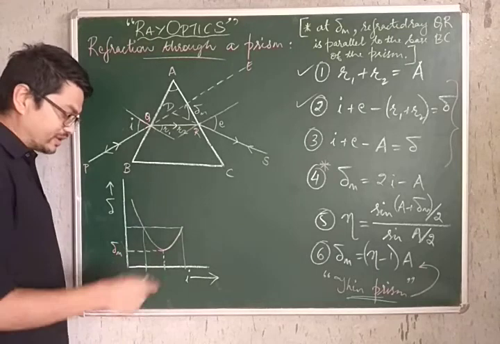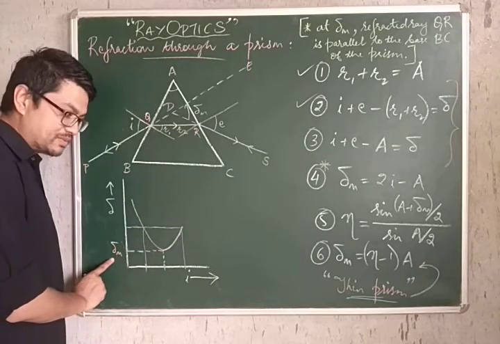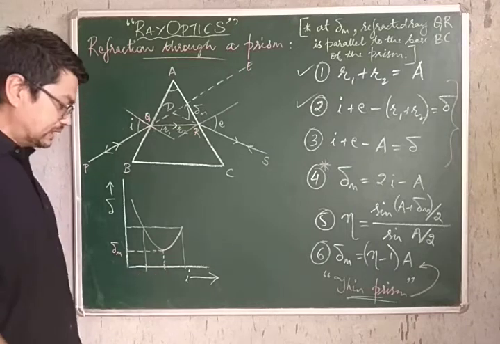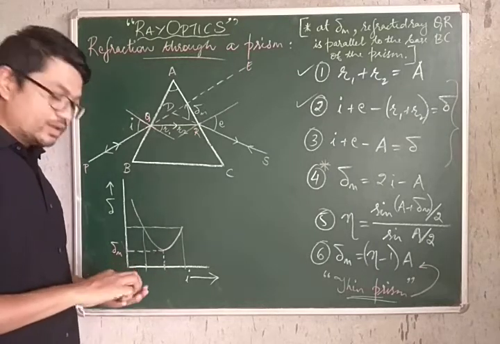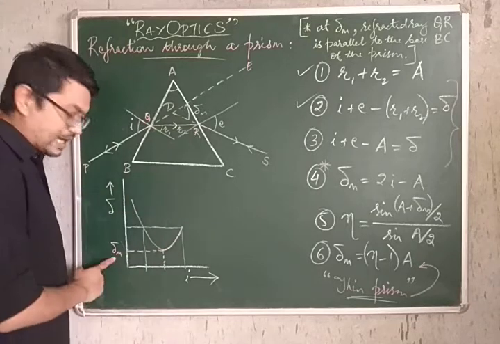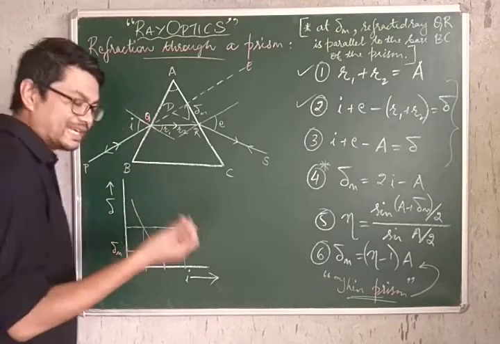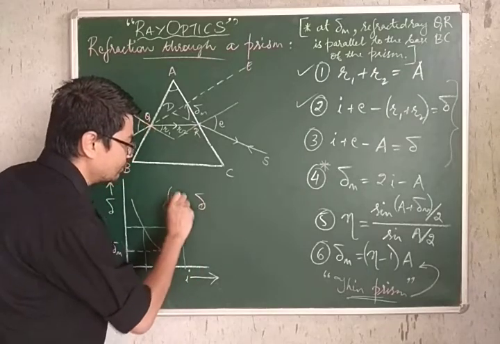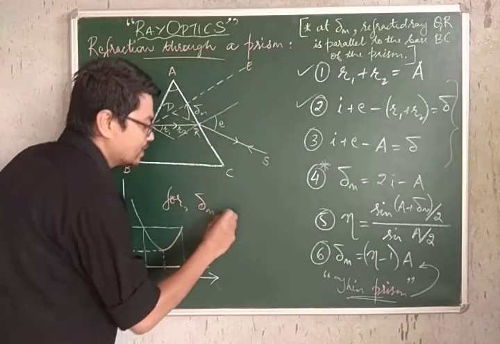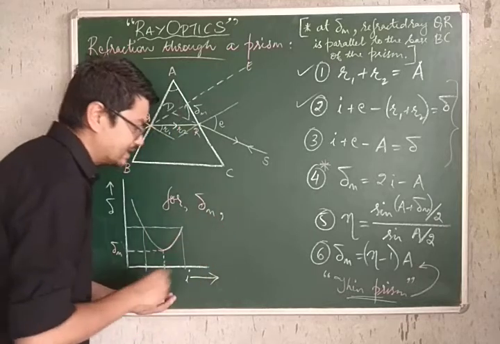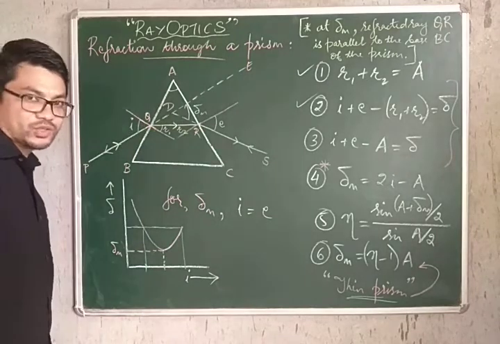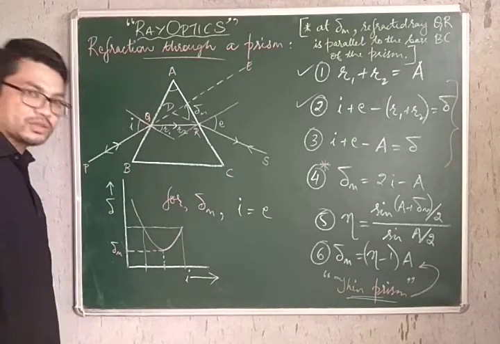Except, like I already mentioned, for the case of minimum deviation, when there is only one value of the angle of incidence. For the case of minimum deviation, delta m, we get to see that the angle of incidence is equal to the angle of emergence. This is what we understand from the graph.